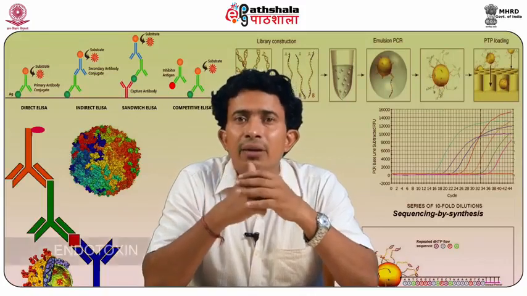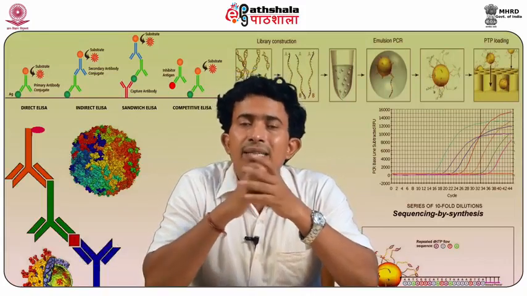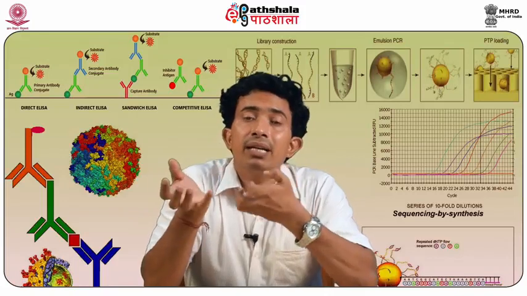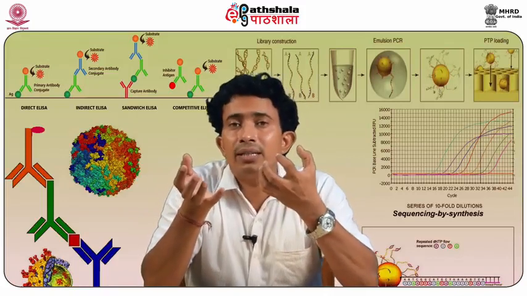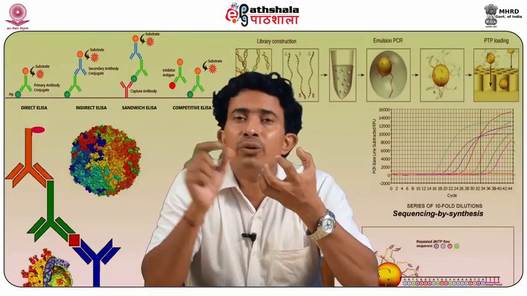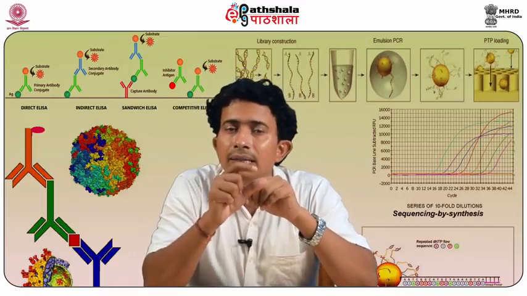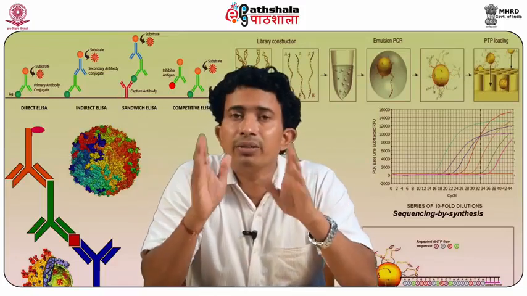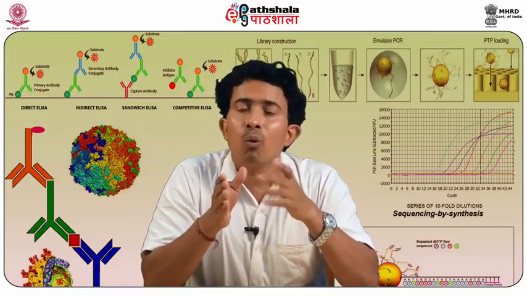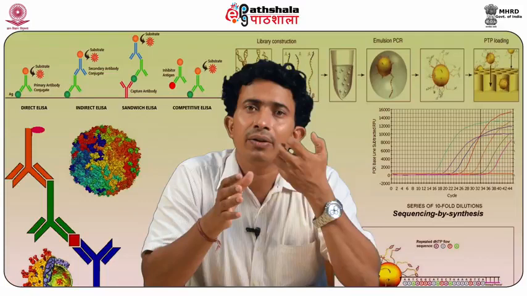The second type is endotoxin. Endotoxins, as the name indicates, are present inside the bacteria itself. Actually, endotoxins are components of the bacterial cell wall. So they are not released when the bacteria is alive, but only released when the bacteria die.